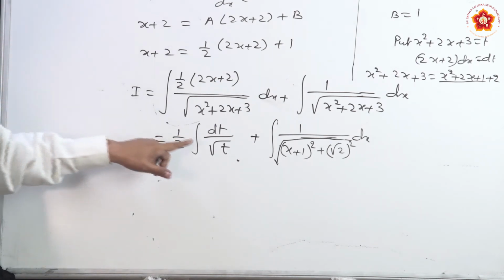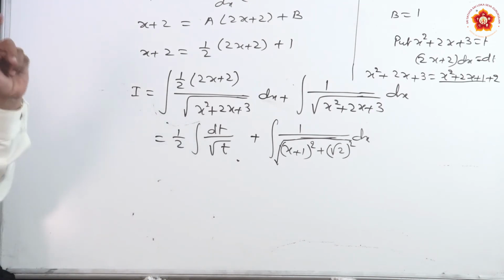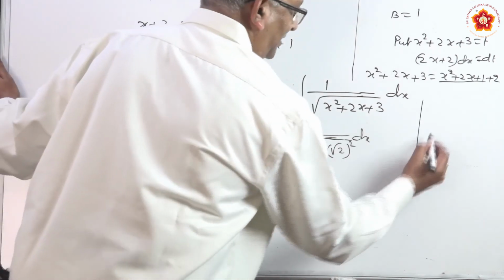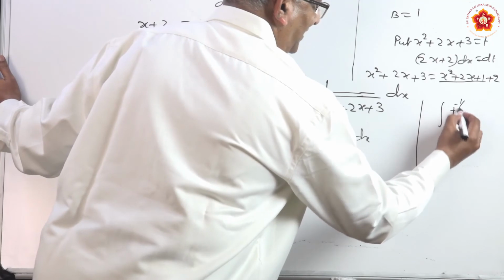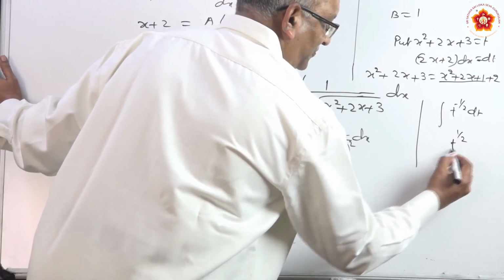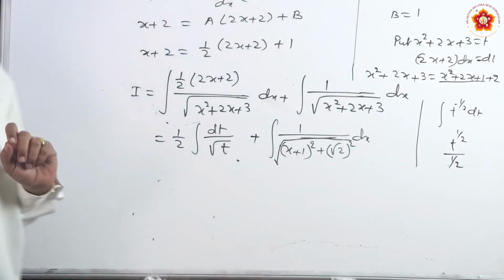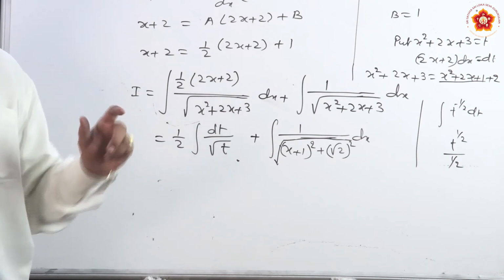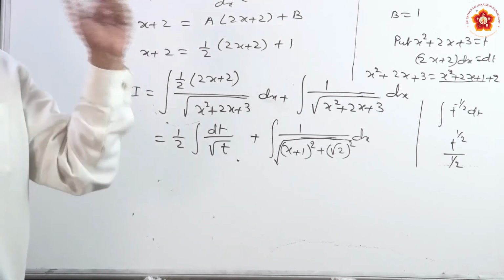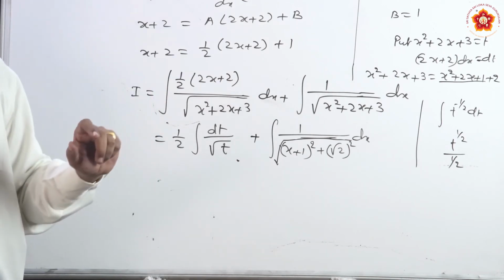Okay. So now, how do you integrate this? This root t can be written as t to the power minus half. And what is the integral of t to the power minus half? You can do it separately. The integral of t to the power minus half dt is t to the power half by half. The formula is the integral of x to the power n is x to the power n plus 1 by n plus 1.